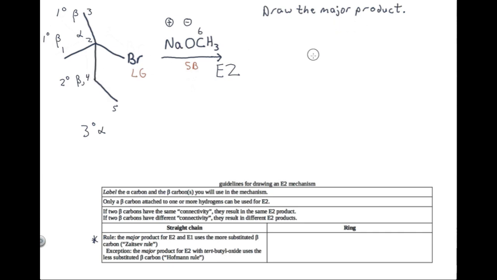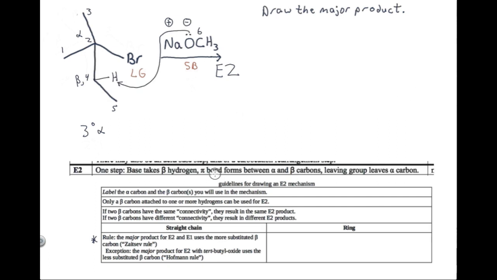So the best thing to do now is to erase this beta and this beta, so that we are indicating that this is the beta carbon that we're actually using, to avoid confusion. Now we can draw the mechanism. The electrons should move away from the base, the electron donor, towards the beta hydrogen.